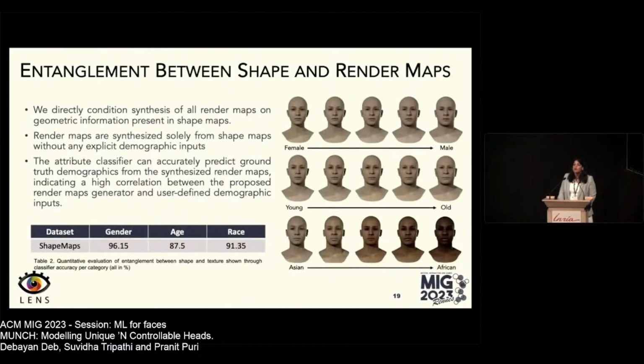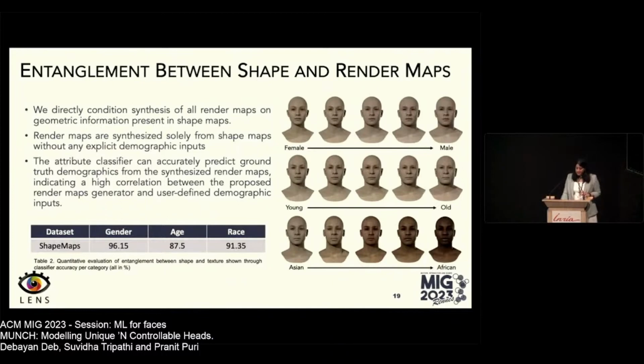Then we also analyzed entanglement between our shape and render maps. As I said, we directly conditioned our synthesis of all the render maps on the shape maps and the attribute class.